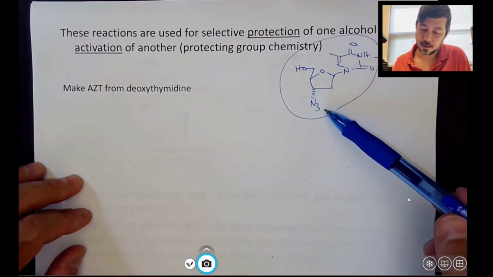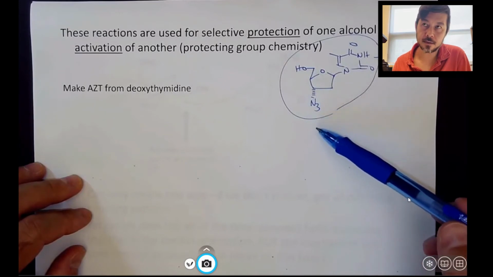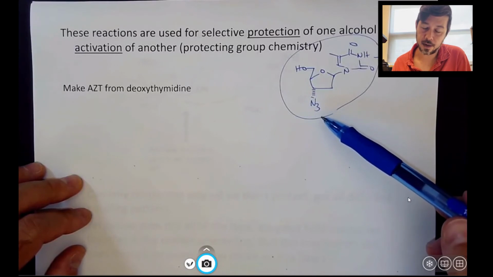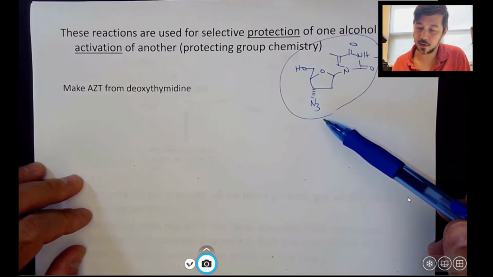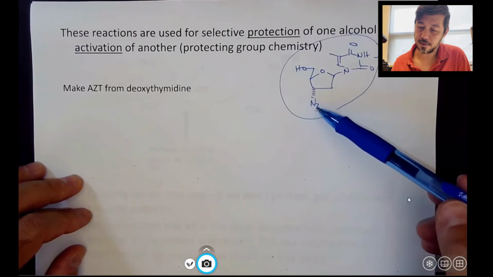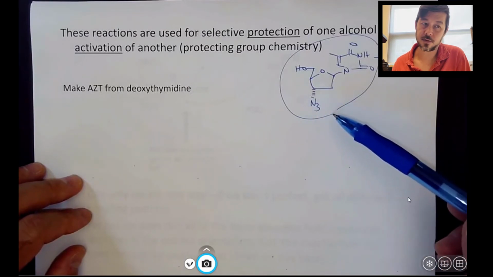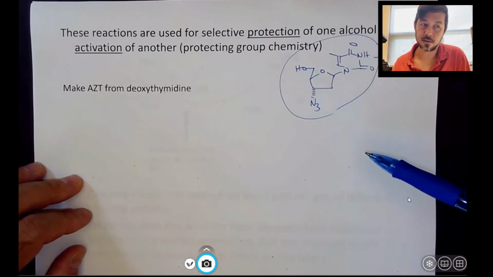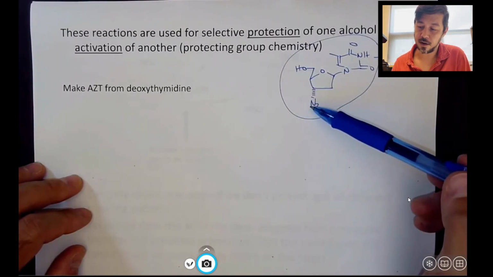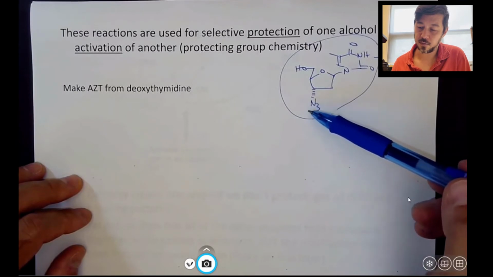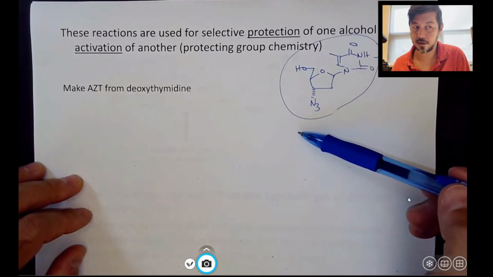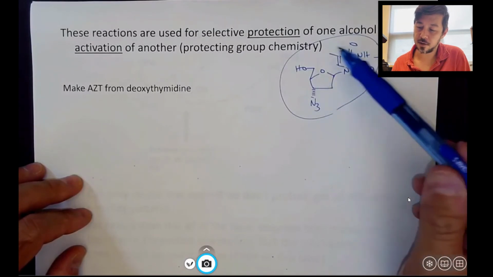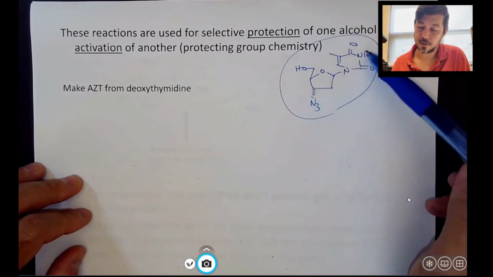If you think back to the mechanism of enzymatic synthesis of DNA or RNA using the polymerases from the last unit, you need to have the OH group on the 3' position. That's necessary for elongation, right? You build it off of this OH group, which will react with triphosphate, and so forth. The AZT group looks very much like a regular nucleoside.